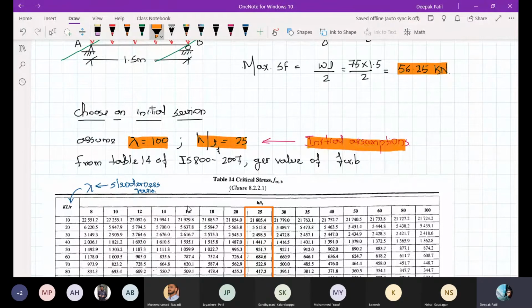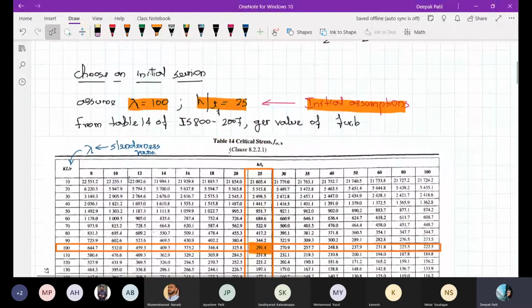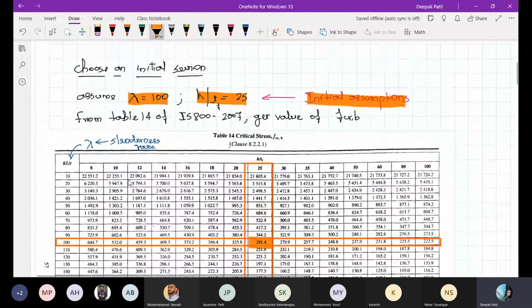For any design related numerical example, you can start with this basic assumption of lambda equal to 100 and h by tf equal to 25. Later on we'll come to know whether by doing this kind of assumption we are on the safer side or we may have to revise the section. Once you choose this, you have to refer to Table 14 of IS 800 2007.